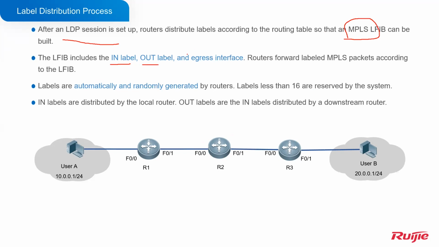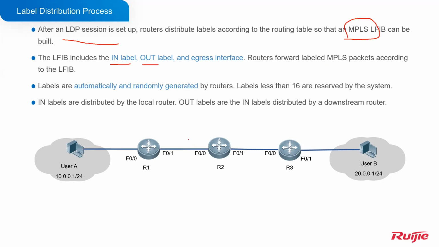Of course, we still have other parameters, but these three are the most important. And the labels are automatically and randomly generated by the router itself, not less than 16, because from 0 to 15 the labels have special meaning. And for the other labels, the router will create them automatically.